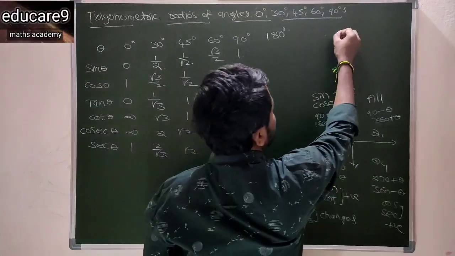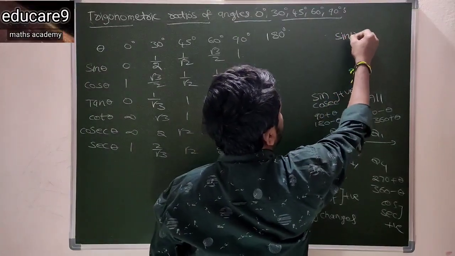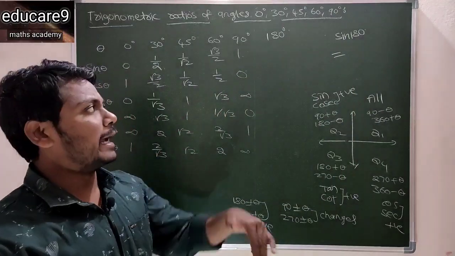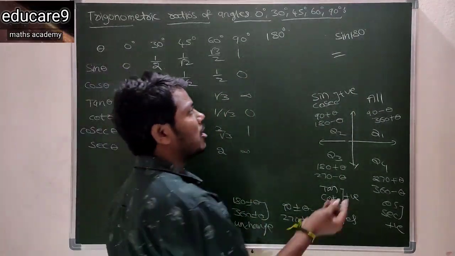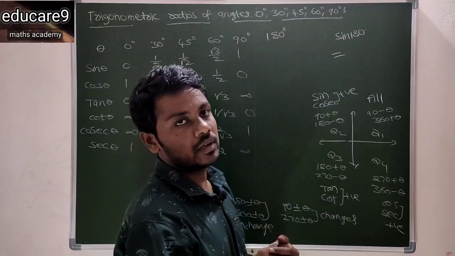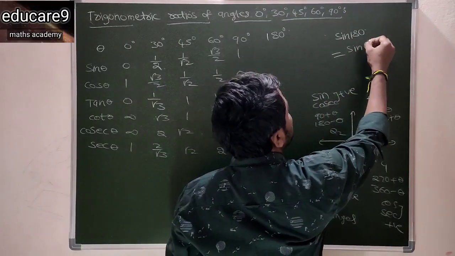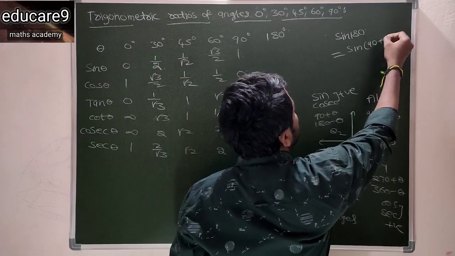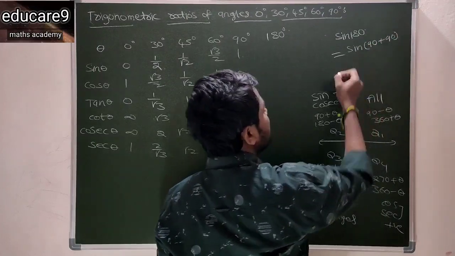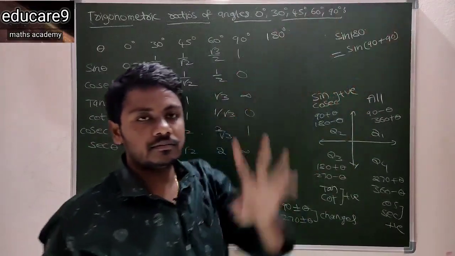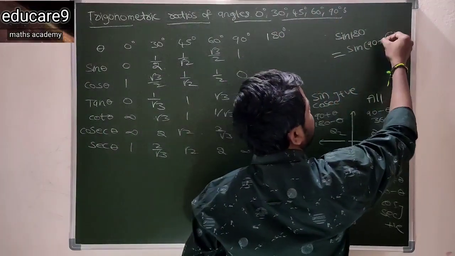See here, sin 180. How to write 180? 90 plus 90, or 180 plus 0. You can write sin 180 as sin of 90 plus 90, in the form of 90 plus theta, where this is theta.